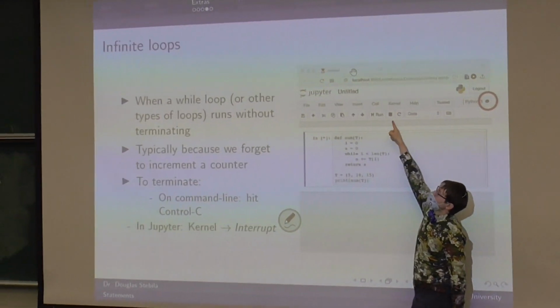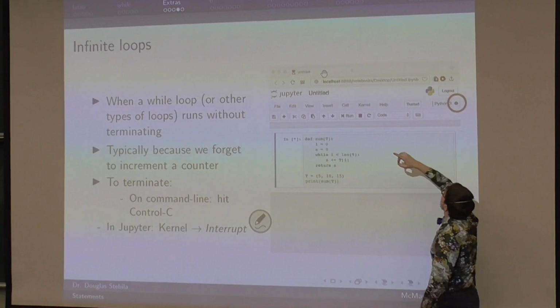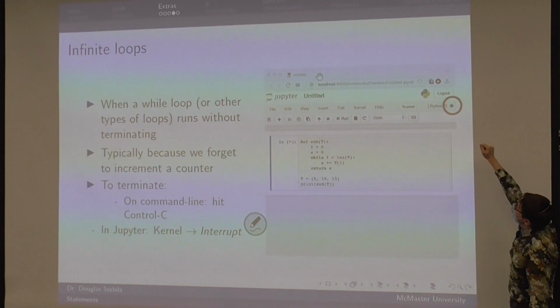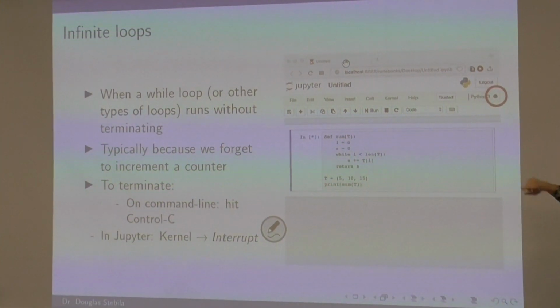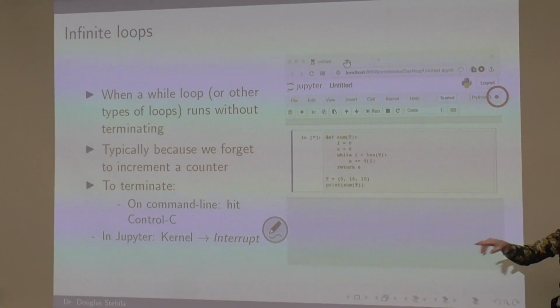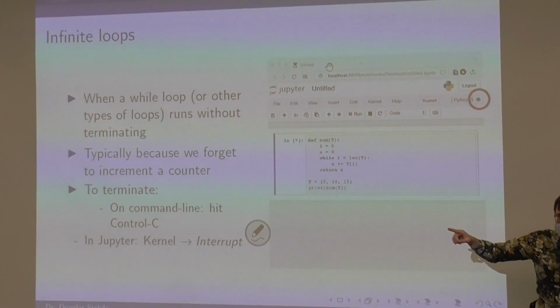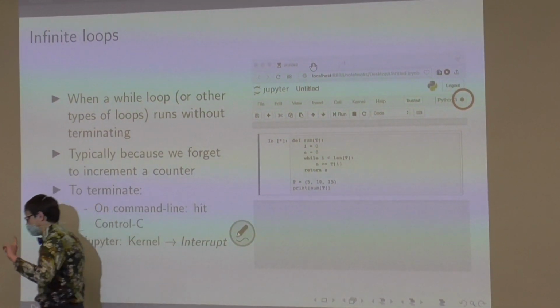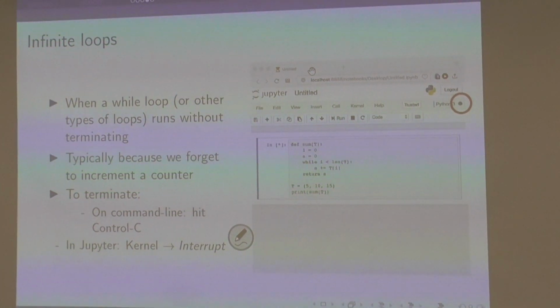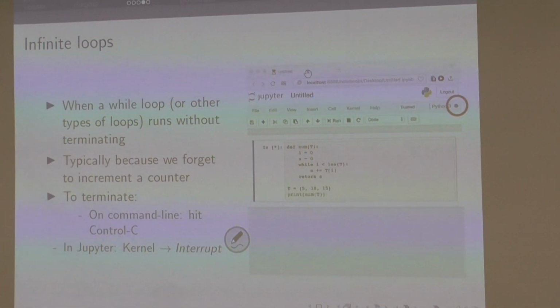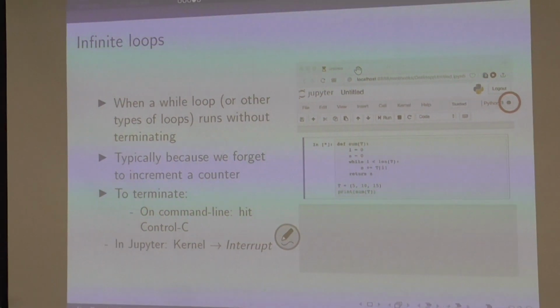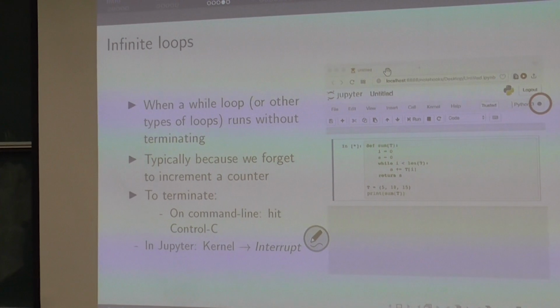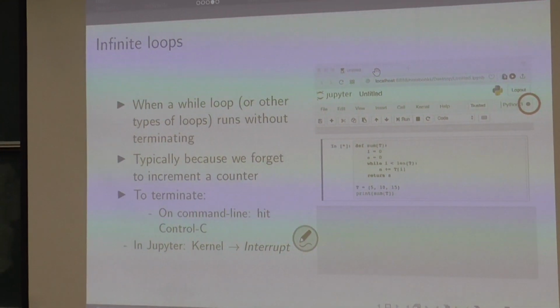You can hit stop right there, right? Otherwise, you can also shut the server down, which closes all of your notebooks, which will also kill any infinite loops. But it's not sufficient just to kill the loop. You also have to fix it before you run it again, or else you'll be in the same situation. Yeah. Any questions? Good.